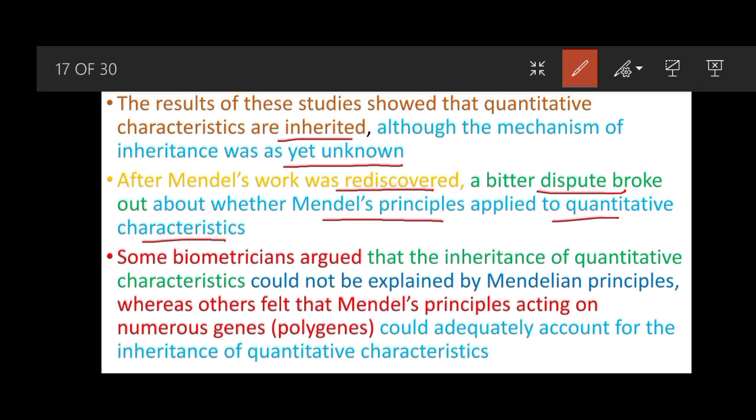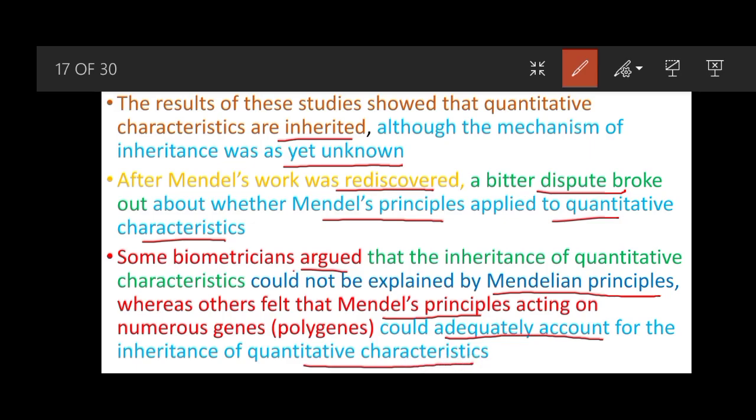Some scientists argued that the inheritance of quantitative characteristics could not be explained by Mendelian principles, whereas others felt that Mendel's principles, acting on numerous genotypes, could adequately account for the inheritance of quantitative characteristics.